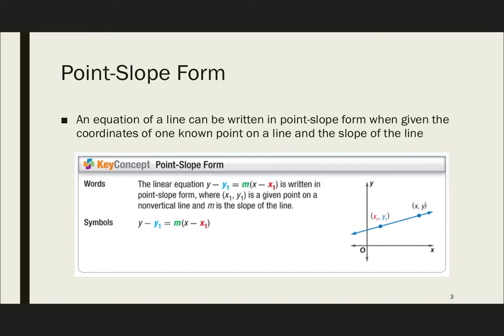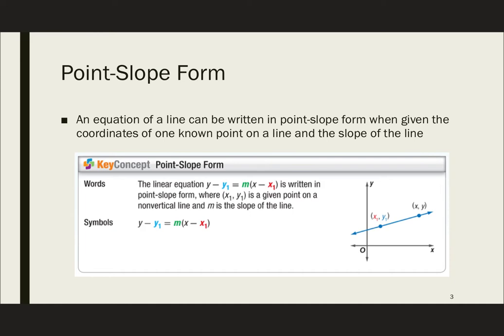Now, point-slope form is when you are given, as the name implies, a point and a slope. It is this equation right here. y minus y1 is equal to m times x minus x1. Now, the nice thing about this equation, and it's the reason why it's my favorite, is you can use any point and the slope for the equation.